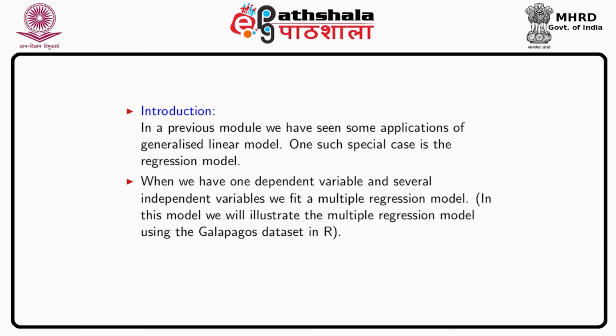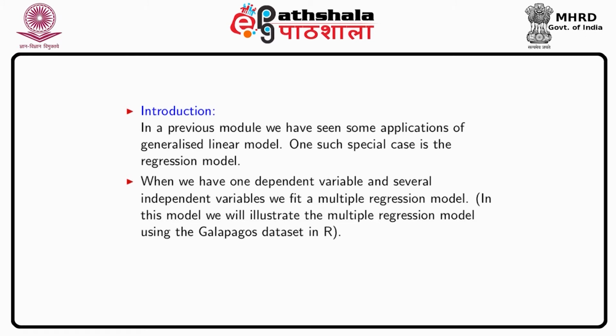One such special case which we talked about was the regression model. So when we have one independent variable and one dependent variable, we fit a simple regression model. And when the number of dependent variables is 1 and the independent variables are 2 or more, we fit what is called a multiple regression model.